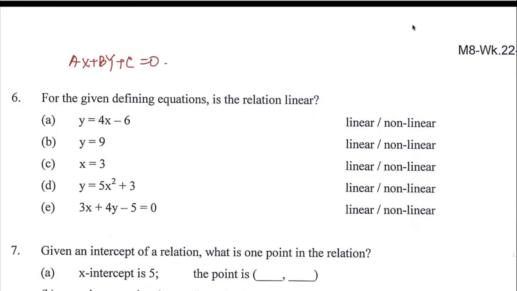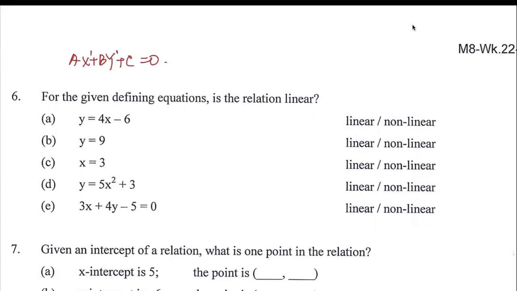The point here is that in order for an expression to be linear, the degree must be 1. And a or b can be 0, but they cannot be 0 at the same time. If an expression satisfies these two conditions, then it's a linear relation.